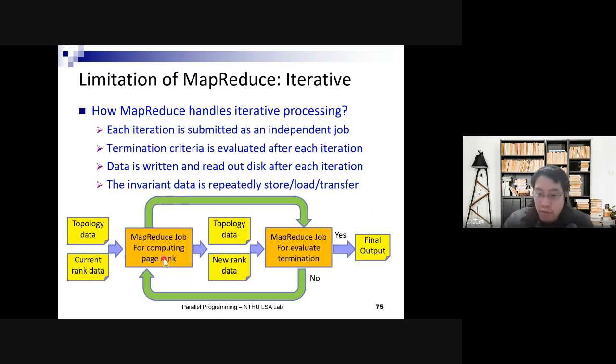And you probably even have to write another program to determine whether you should submit the next MapReduce job for the next iteration. So at the end, the user has to write a program to control this computing cycle. There's a lot of effort, and you have to write several pieces of code to do one simple thing. So it's not very convenient.